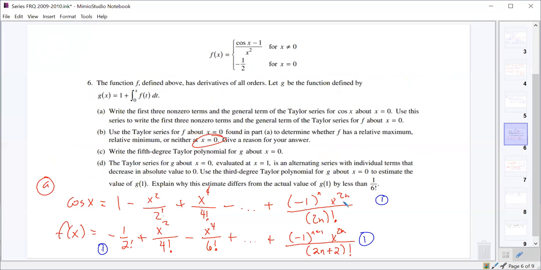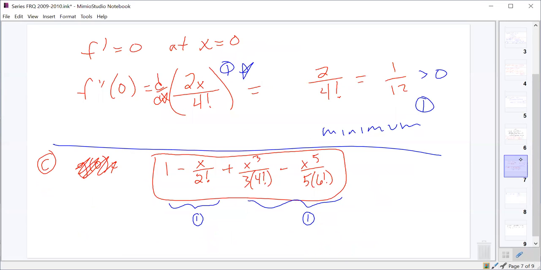And so because of all the information that they gave us here, that it's an alternating series and the individual terms decrease to 0, that meets all 3 of the criteria to use the alternating series error bound. And so that means that for any alternating series, the error is always less than the absolute value of the next term.